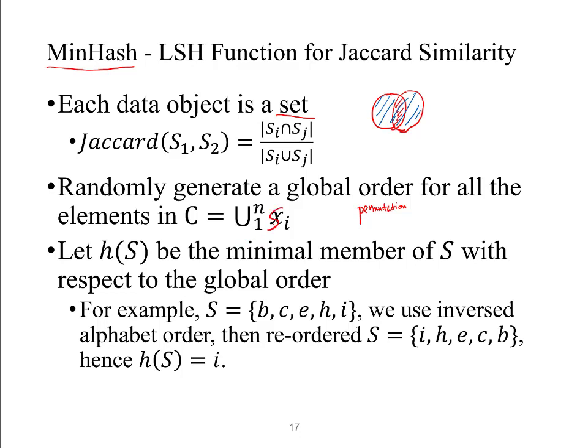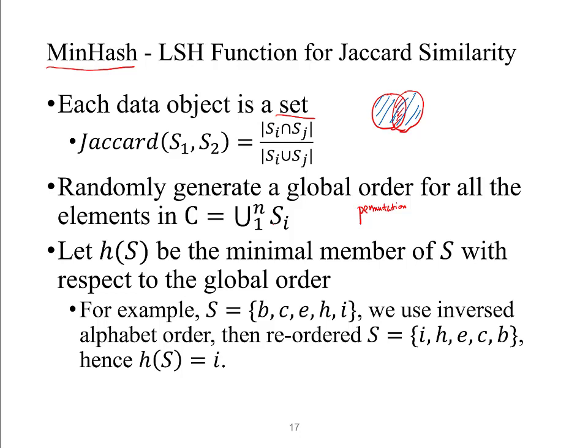Yes, here should be S. That's why we have the union from S1 to Sn. And then we let the hash of S, the LSH function of S, be the minimum member of S with respect to the global order.